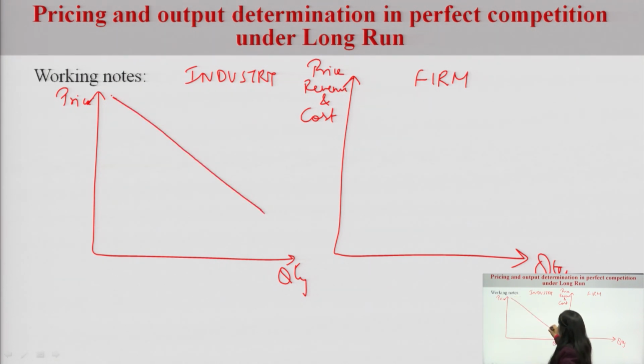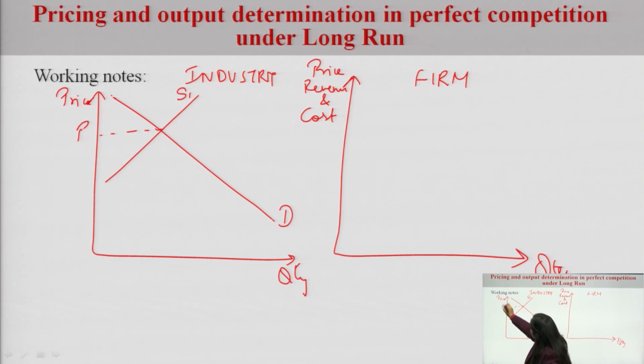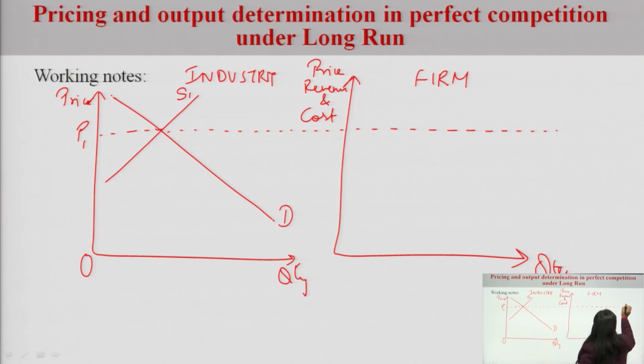This is the demand. Initially, this was the supply denoted by S1. The interaction of demand and supply will give us a price OP1. All the sellers will be selling at the price OP1.